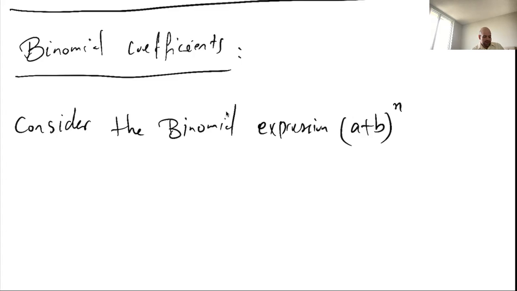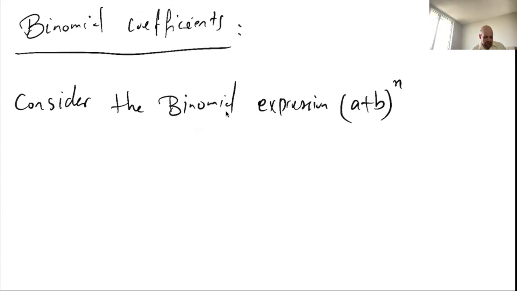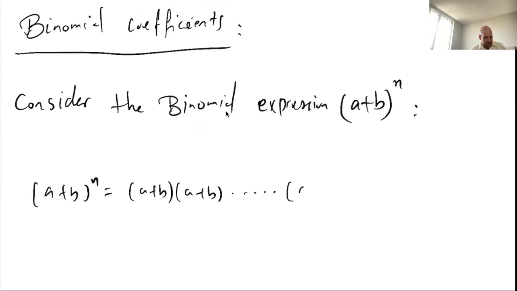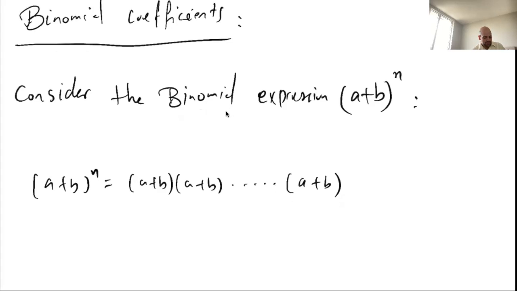Now, what do you think the coefficients would be, which we are going to call binomial coefficients? So a plus b to power n means a plus b times a plus b times dot dot dot times a plus b. Now, when we expand this, we have an a to power n term, right? What would be the coefficient of a to power n?